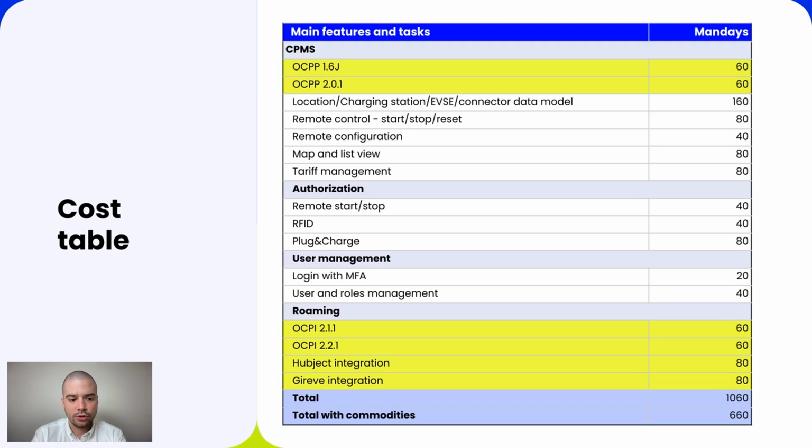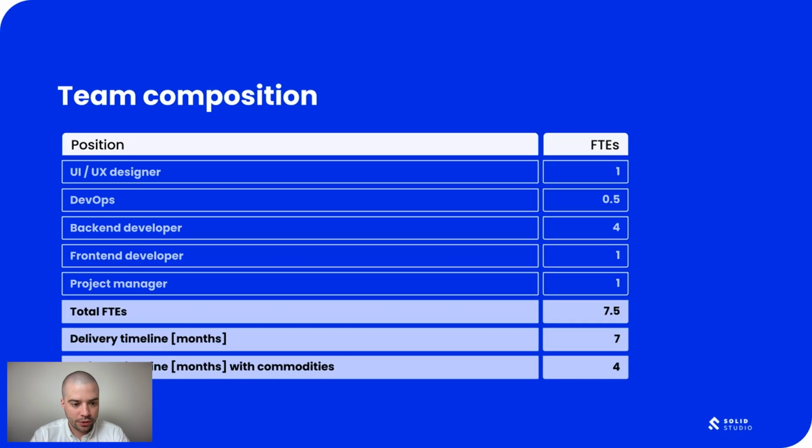Even with usage of those components, we can see that's around 660 man days needed to complete this project. But when you want to build it from the scratch, we are talking about more than 1,000 man days needed for the investment.